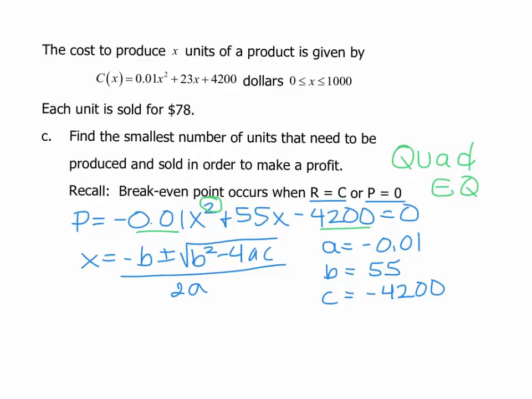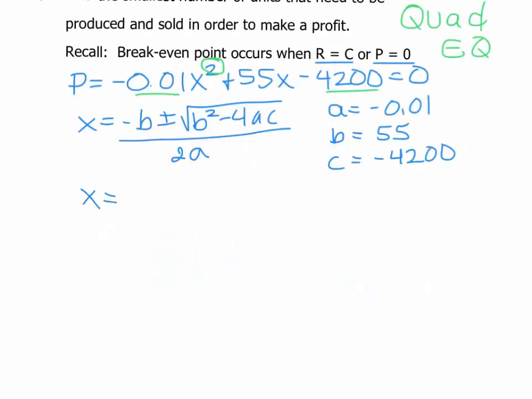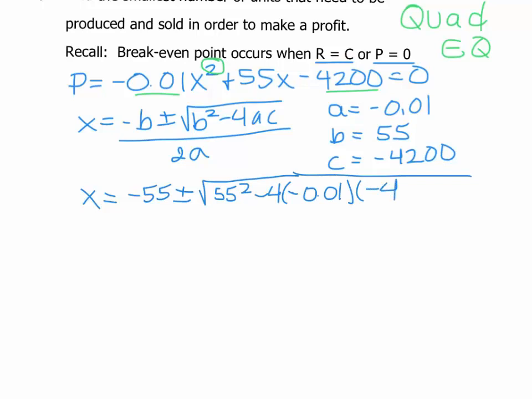So what we're going to do is plug in the values of our a, b, and c so that we can solve for x. So we have x equals negative b, that's going to be negative 55, plus or minus the square root, b squared, that's going to be 55 squared minus 4 times a, which is negative 0.01, times my c, that's negative 4200, all over 2 times negative 0.01.